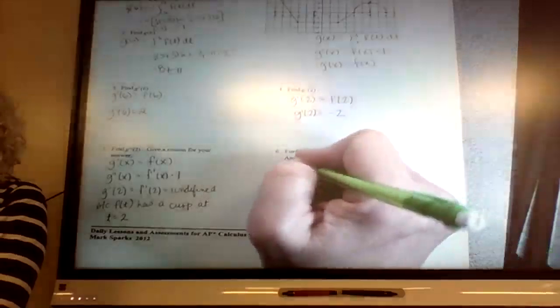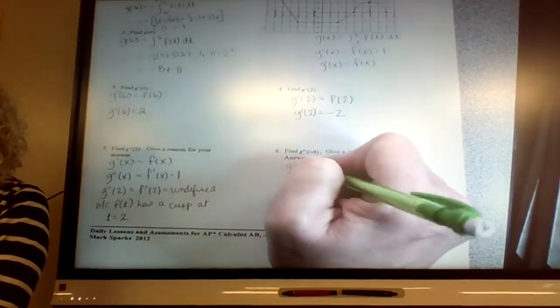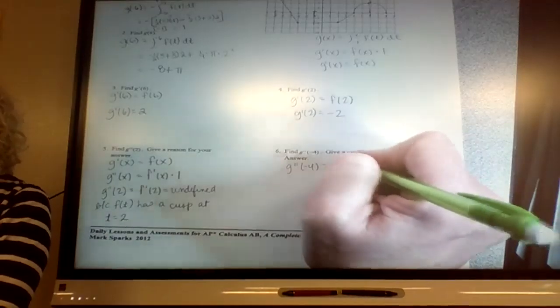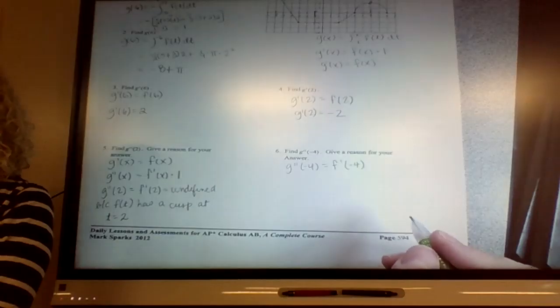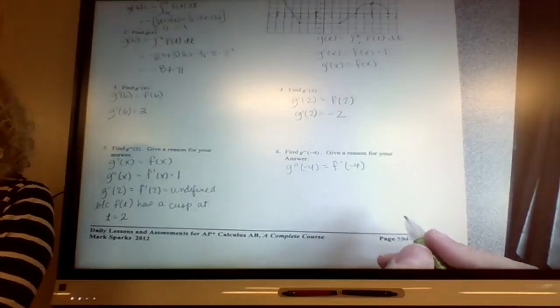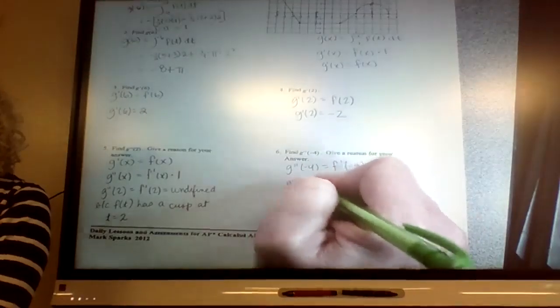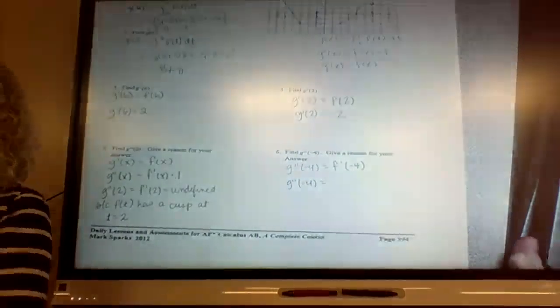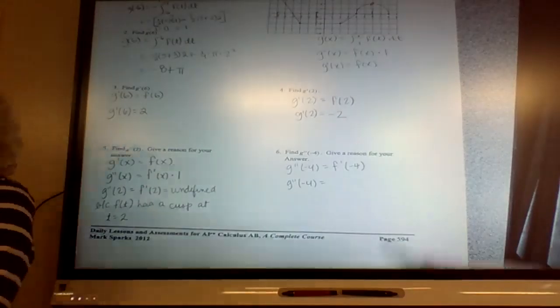All right, so let's try g double prime of -4. So g double prime of -4 would equal f prime of -4. All right, can we find f prime of -4? Yeah, what is it? -2.